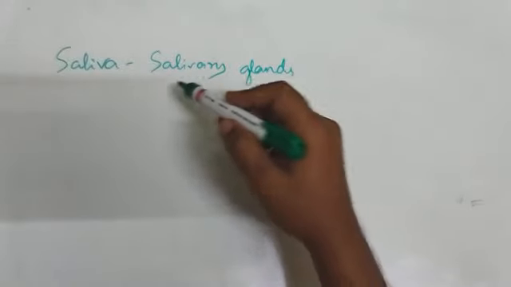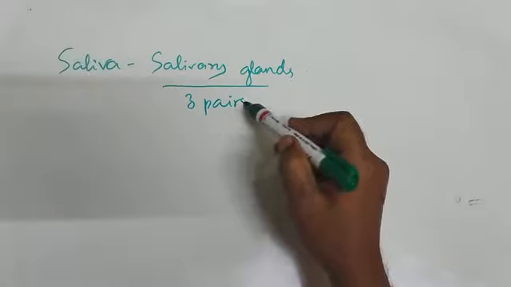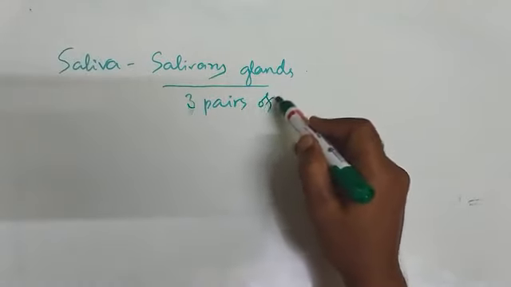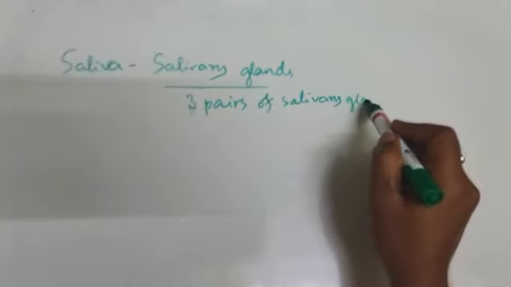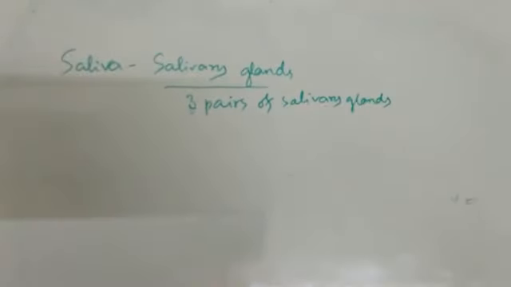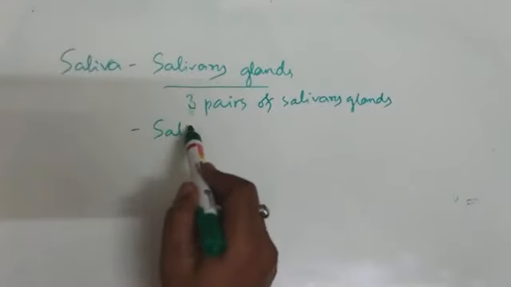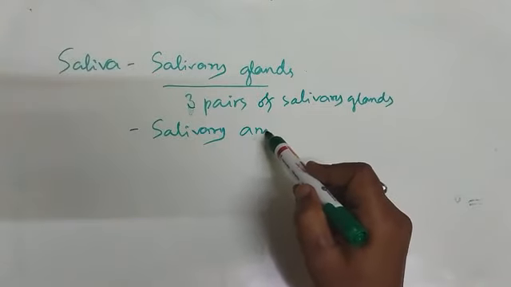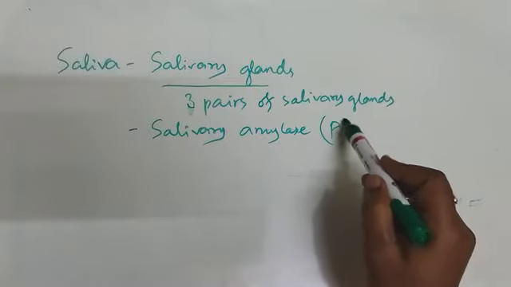Extra information for you. There are 3 pairs of salivary glands in our buccal cavity. The names of the salivary glands we will learn in 11th class. Saliva contains what? Salivary amylase. What is the other name of this salivary amylase?